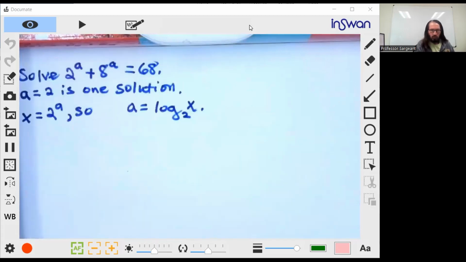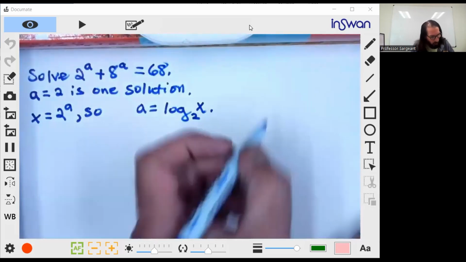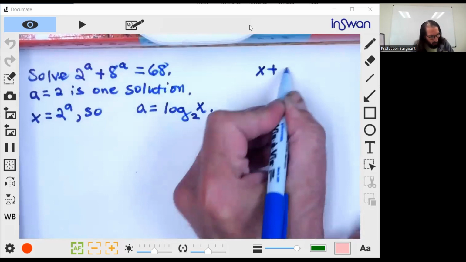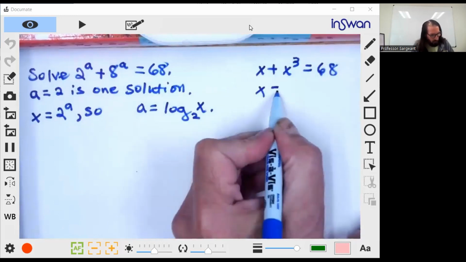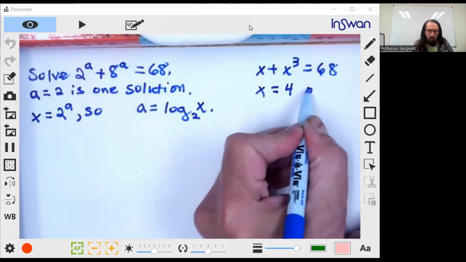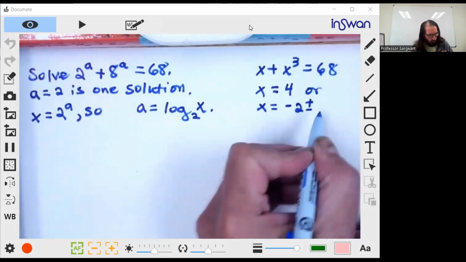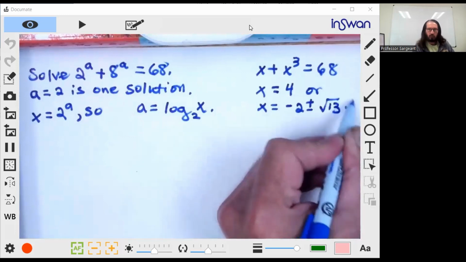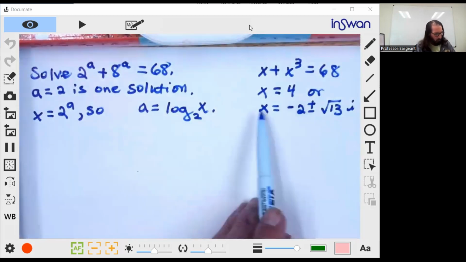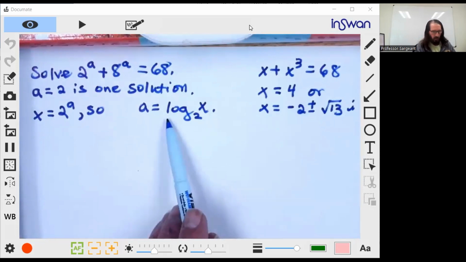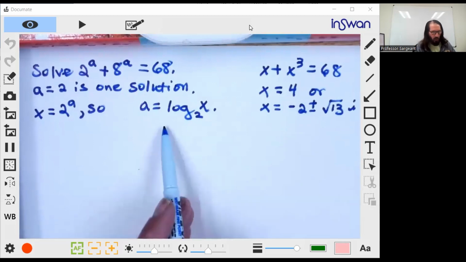But when we used his substitution of x equals 2 to the a and came up with this equation, giving us that x is equal to 4, or x is equal to negative 2 plus or minus the square root of 13 times an i outside of the square roots. Well, of course, taking the logarithm of 4 in base 2 gave us that a equals 2. But what about plugging these in for x?